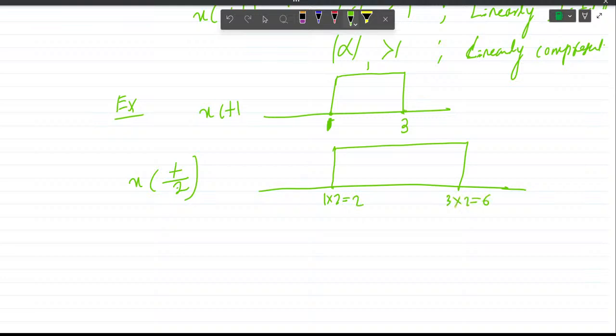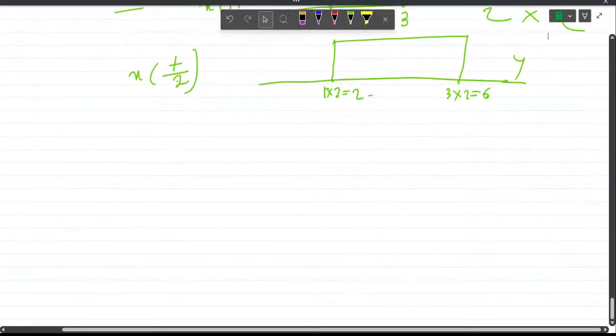That is from 2 to 6 now. Earlier it was 1 to 3, a duration of 2. Now the duration will be 6 minus 2, that is 4. That is, linearly stretched by a factor of 2. When you divide it by 3, it will be linearly stretched by a factor of 3. You can check. That is how we call it linearly stretched or linearly compressed.